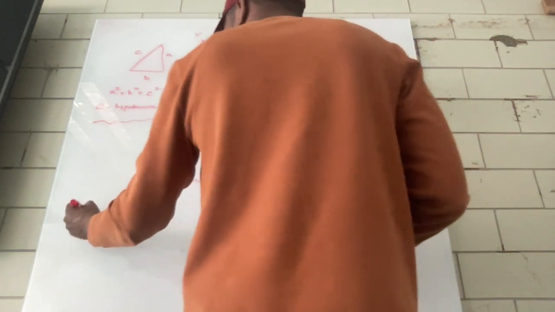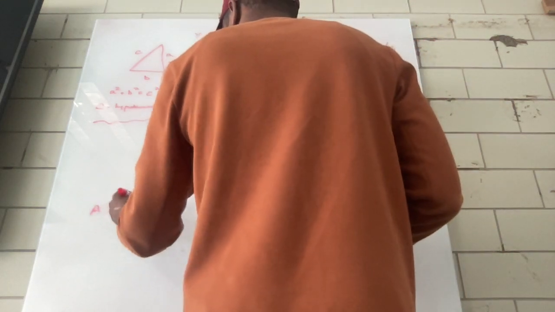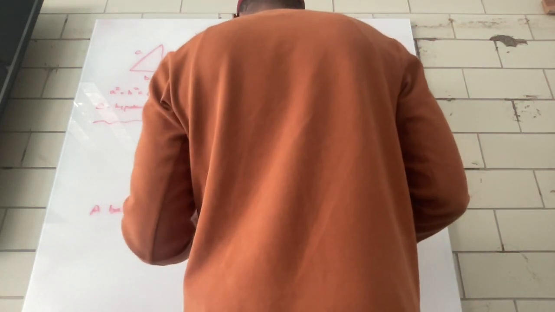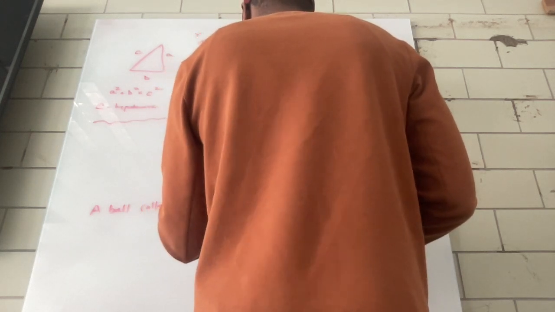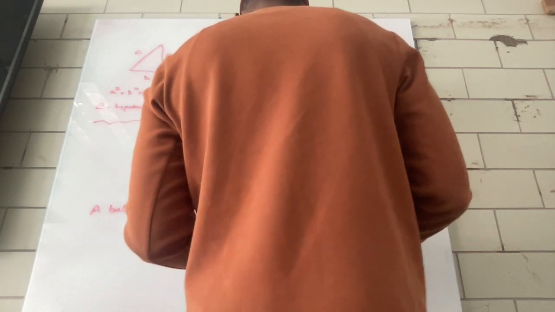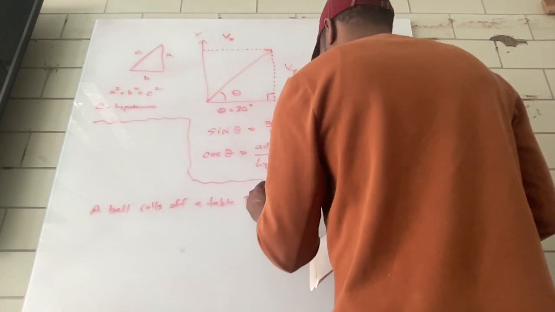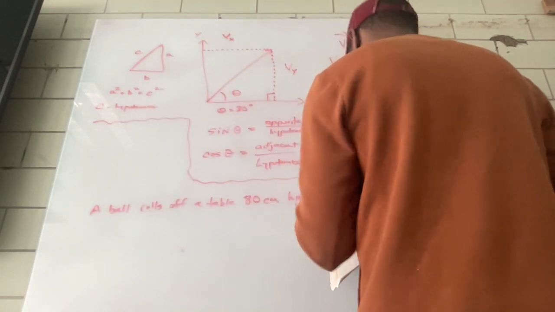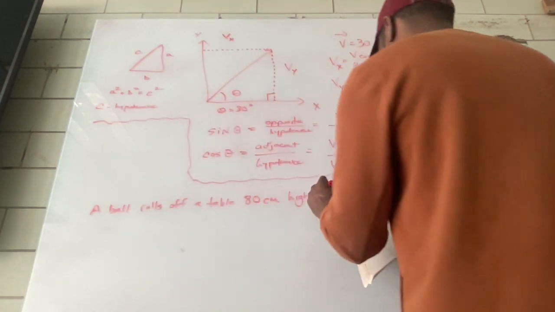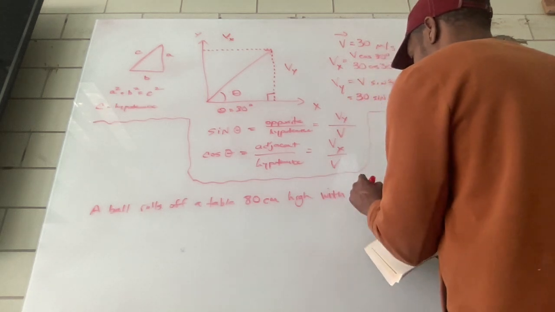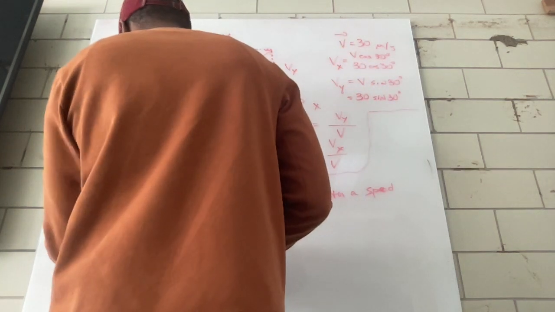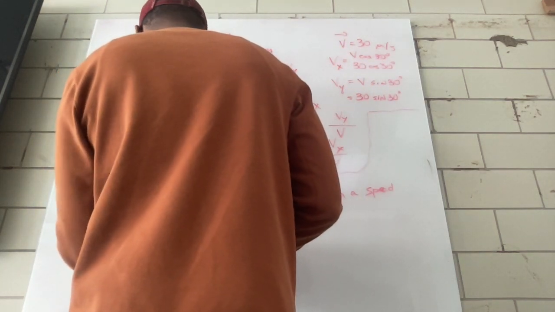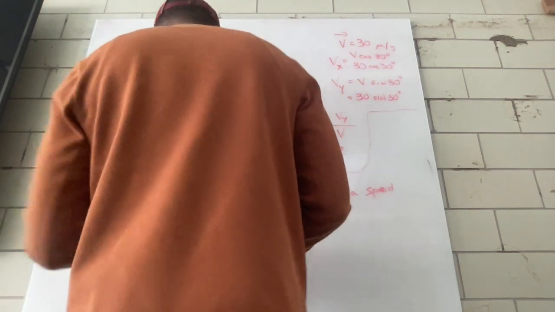A ball rolls off a table 80 centimeters high with a speed of 2.4 meters per second.